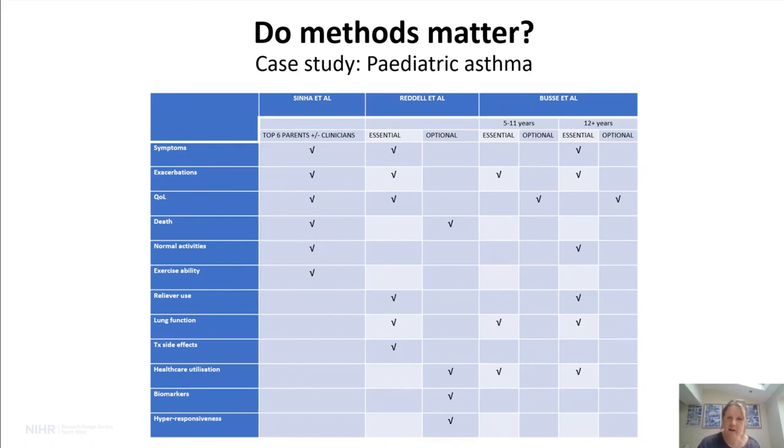You'll also see that death was a core outcome for people in the UK, but not in the US. Now, that's not to say that the US said it wasn't important, not at all. And it would typically always be measured in studies we know. But what this raised at the consensus meeting was an awareness now that for parents, that's often the first thing they think about when their child is diagnosed with asthma.